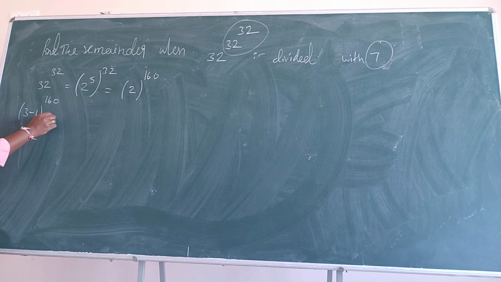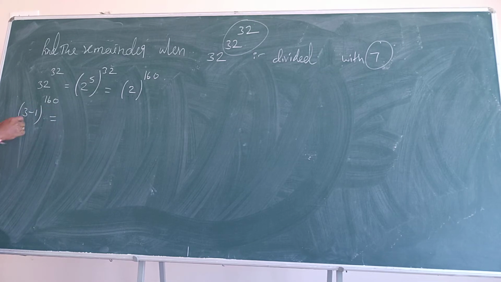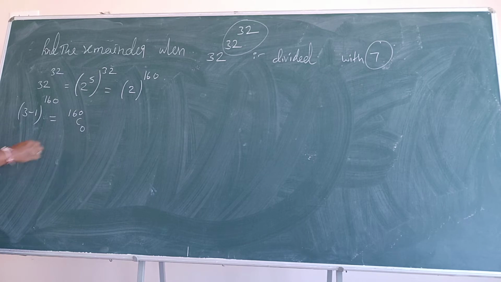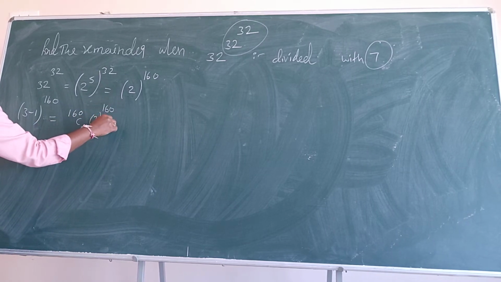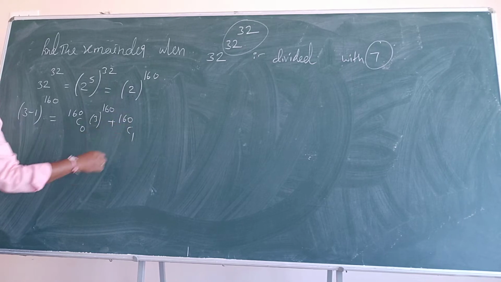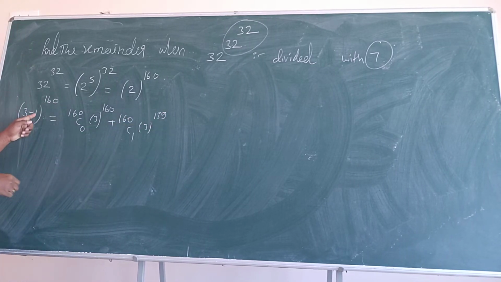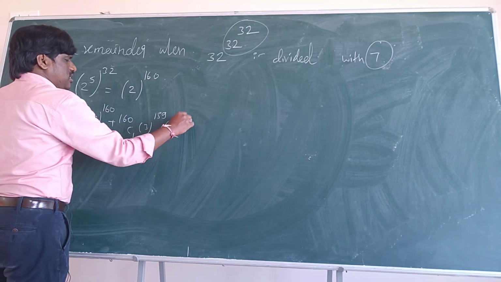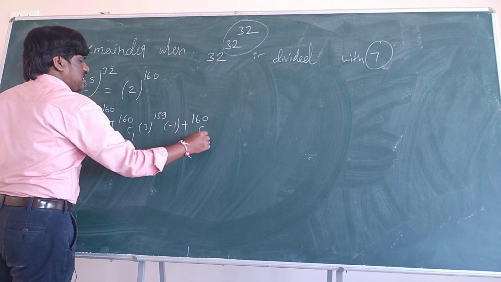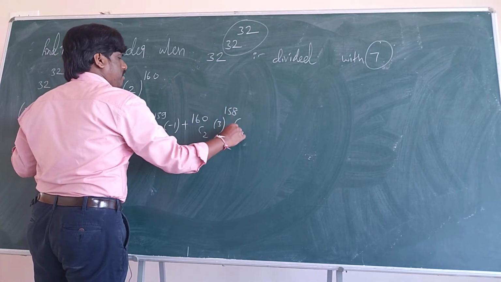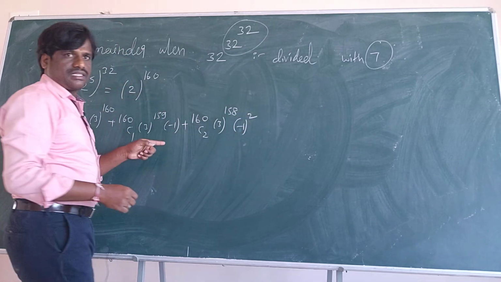So if I expand this, what I get here is 160 C0, 3 to the power of 160, plus 160 C1, 3 to the power of 159, and you get minus 1. You know the expansion: 160 C2, 3 to the power of 158, minus 1 squared, like that.